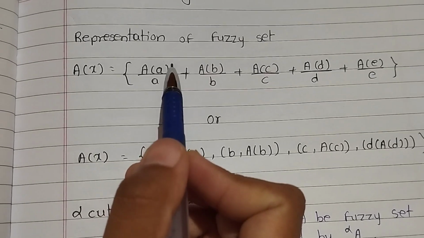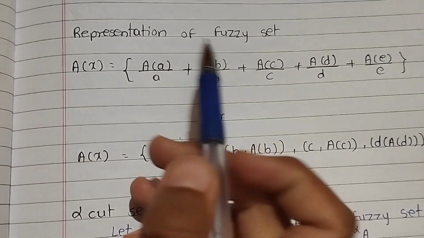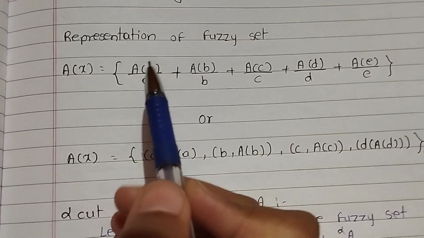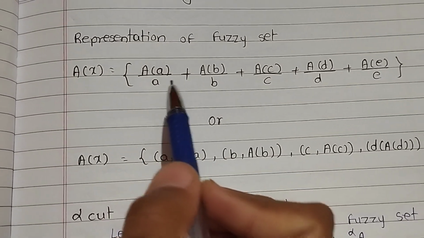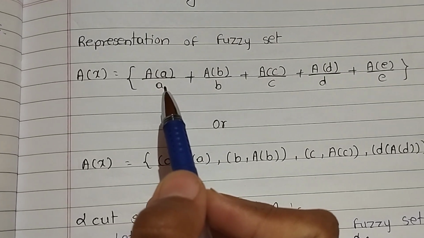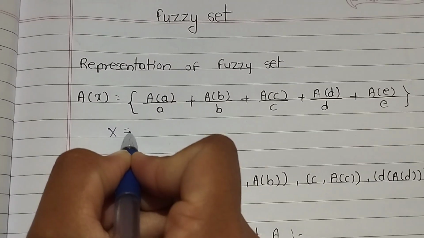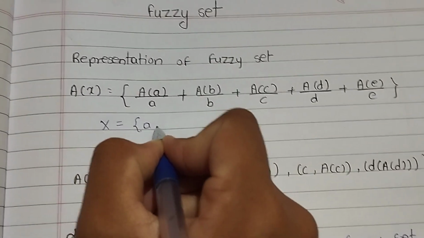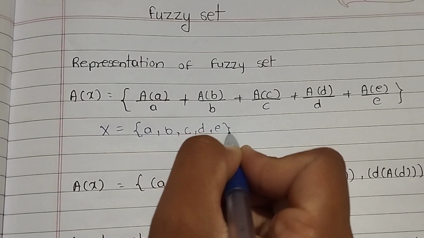So here the A of b, A of c, which values are in the numerator, are the images of the x. The values a, b, c, d are the set of x. So for example, our set x is the universal set which has a, b, c, d and e.